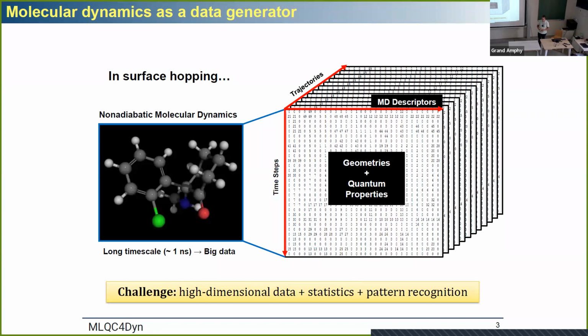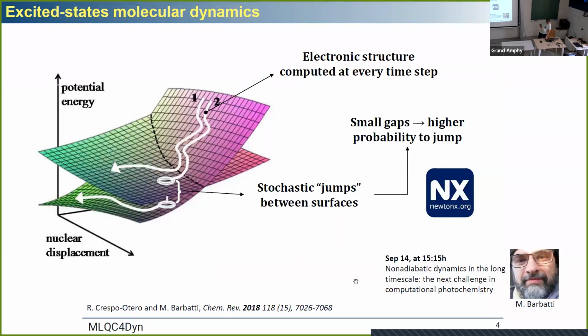So we have a big data problem that will increase as your system increases, and also when we go to a long time scale. Then in this bunch of data, we want to extract some chemical insights. If your molecule is too complicated, the normal techniques like mapping some key angles in the molecule may not be the good way to go. And we are trying to develop some set of tools to be able to describe this problem.